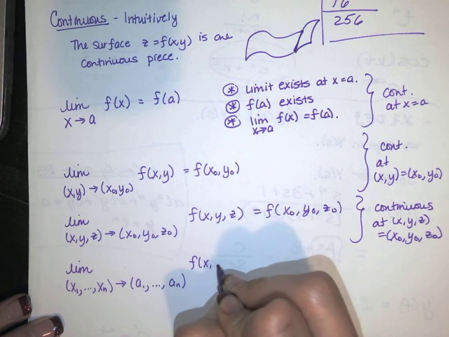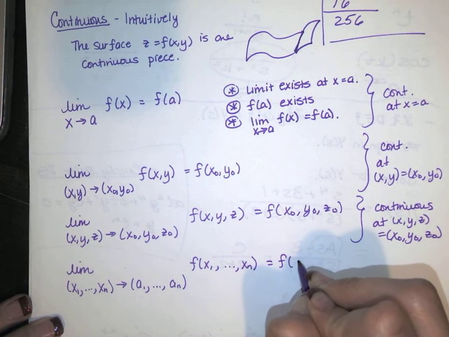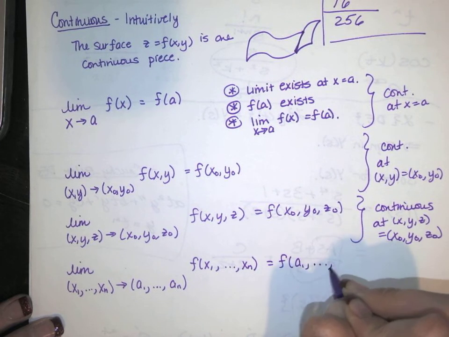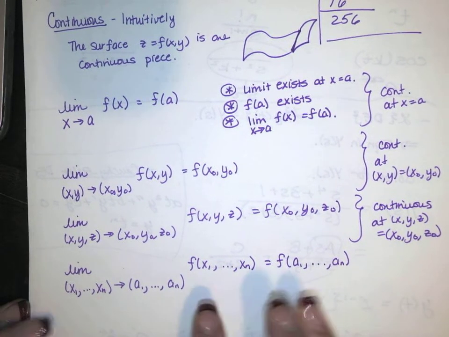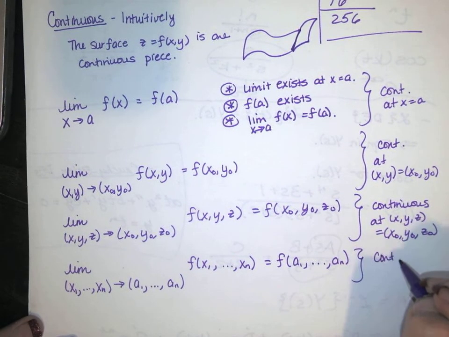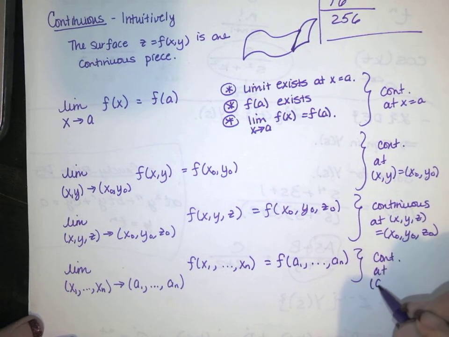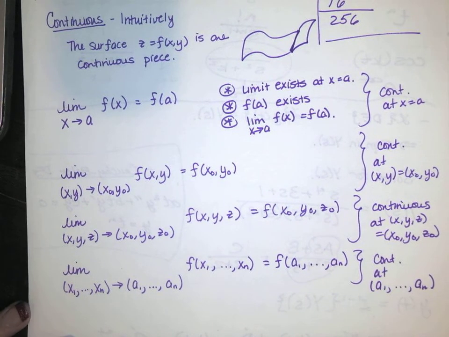And we want to find out what happens to this function. If all you have to do to find the limit is plug in a1 through an, if the function value exists and the limit exists and they're the same thing, this function is continuous at the point a1 through an, that ordered n-tuple.